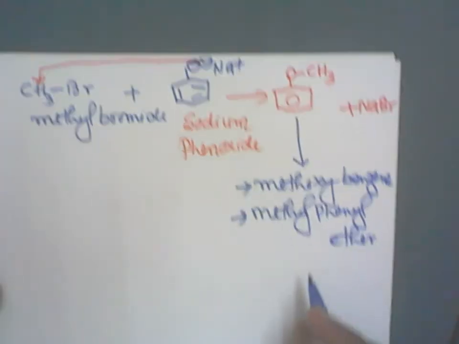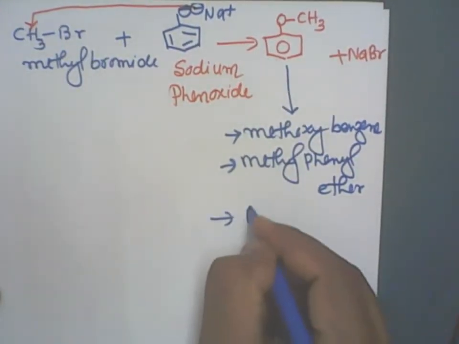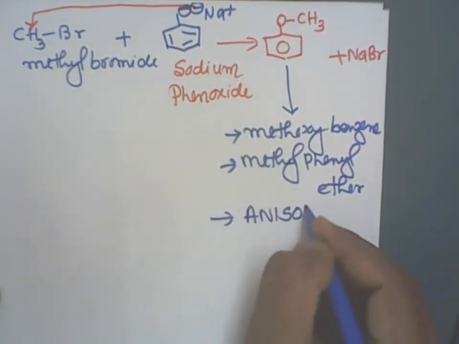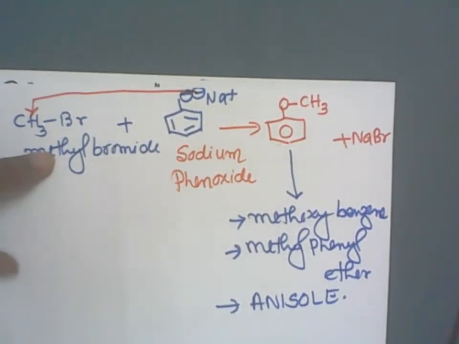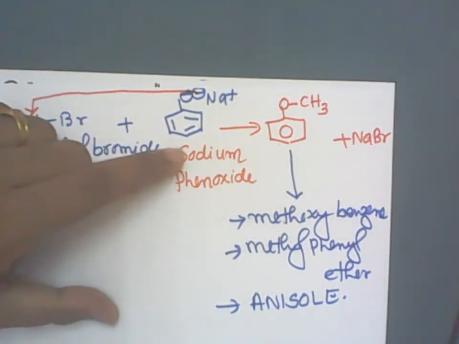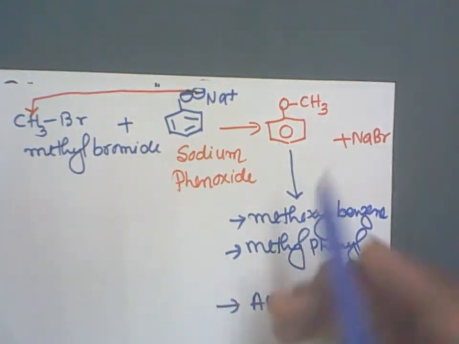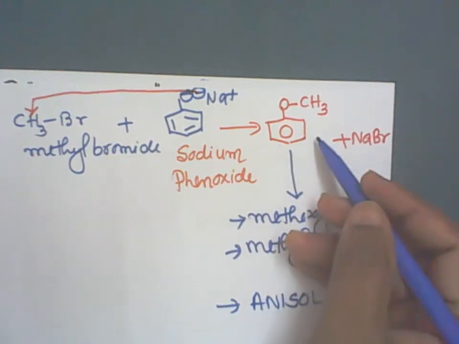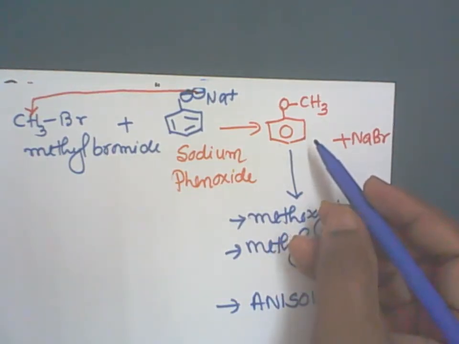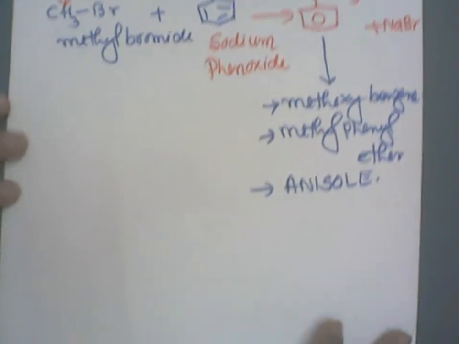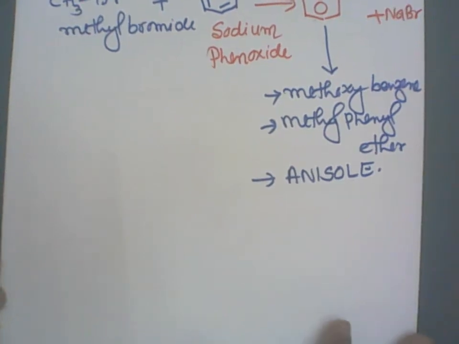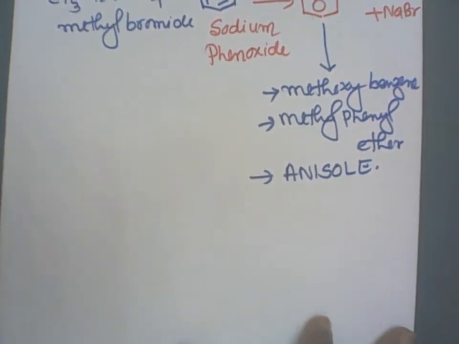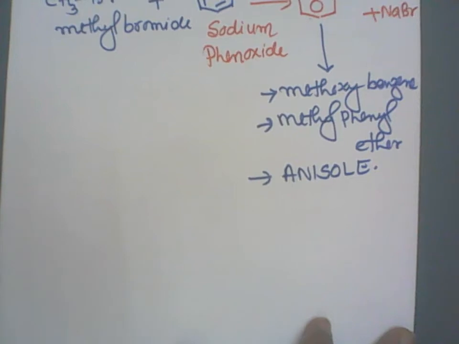One more name is there, the commercial name. It is known as anisole. So methyl bromide, an alkyl halide, reacts with sodium phenoxide to give aromatic ethers also. Clear? Now I'll go for different types of examples, whether the reaction is possible or not possible.